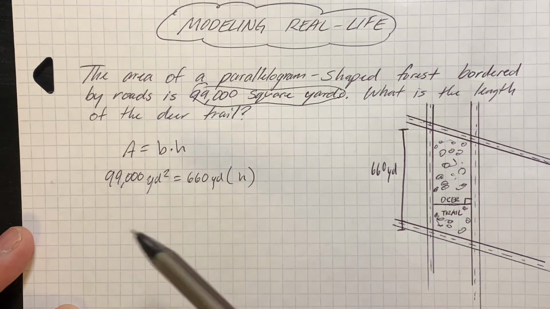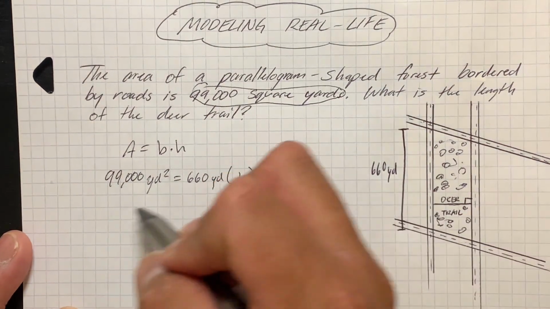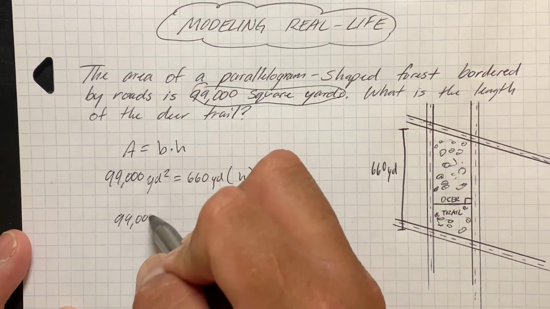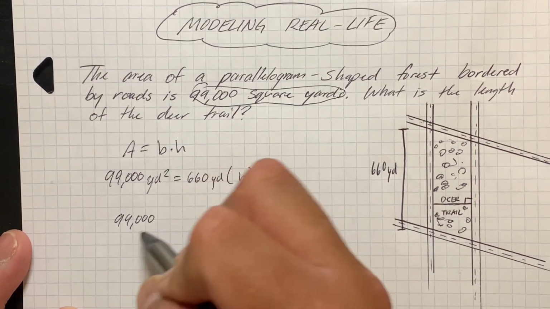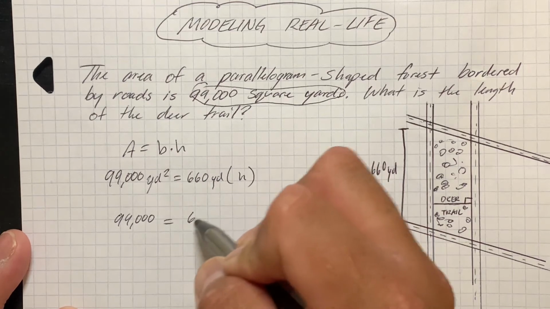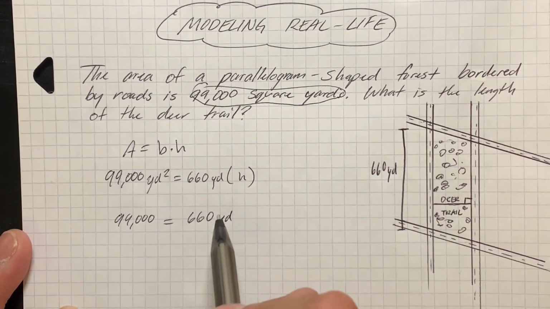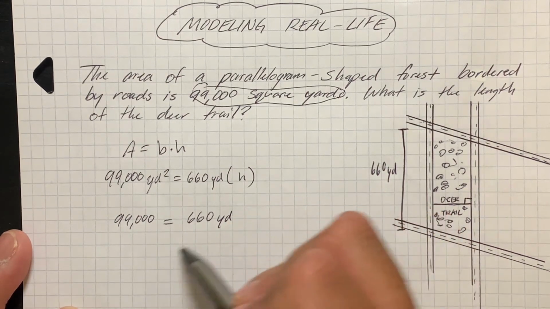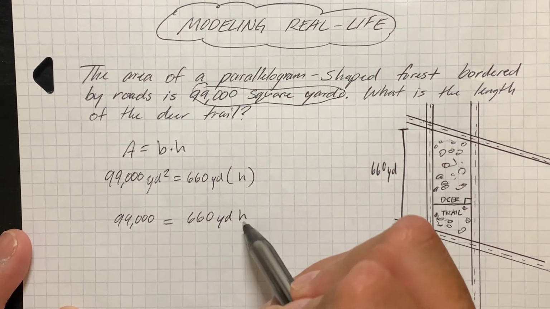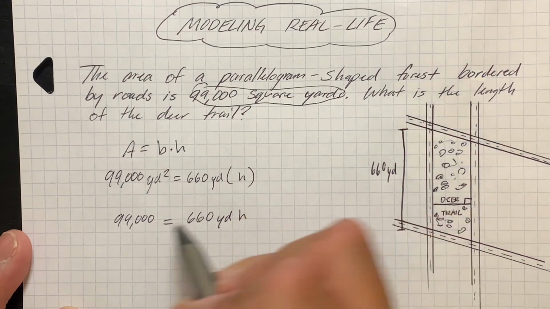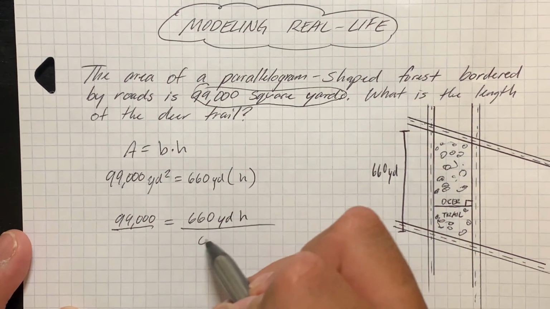We're going to use the division property of equality. So let's see here, 99,000 is going to be equivalent to 660 yards. I'm just rewriting what I did right here. Area equals base times height. Now, we want to isolate the variable h, okay? And we do that by dividing on both sides of the equation by 660.